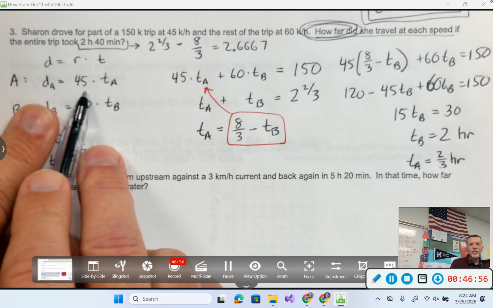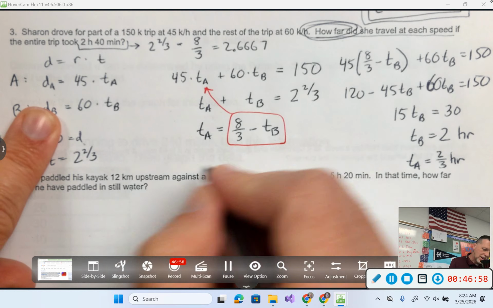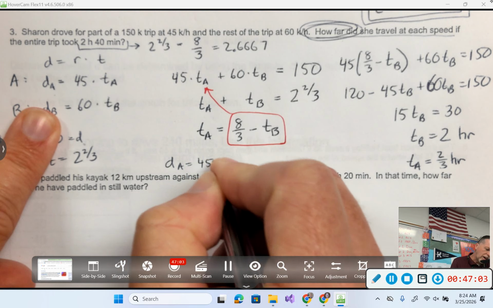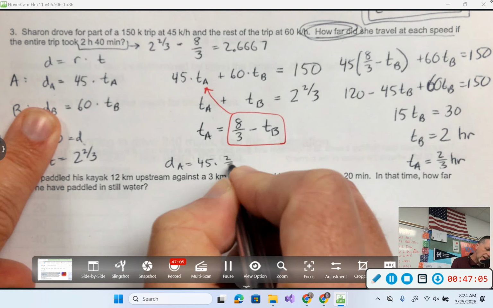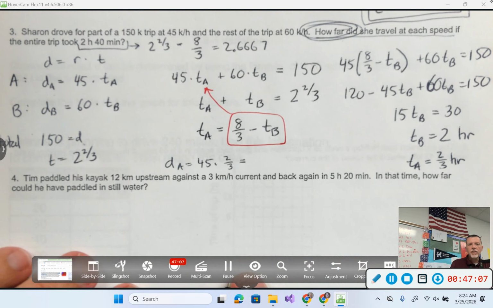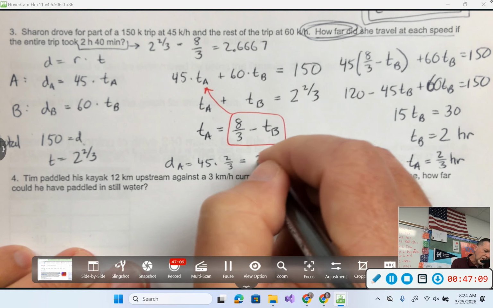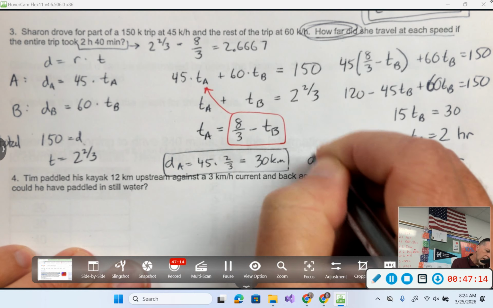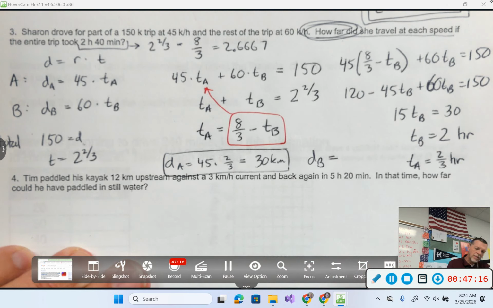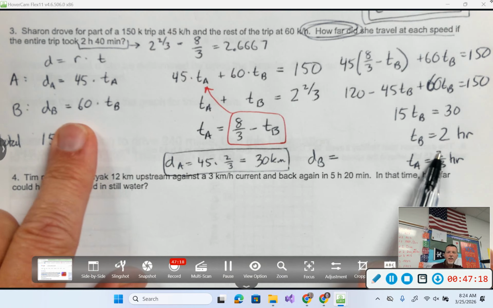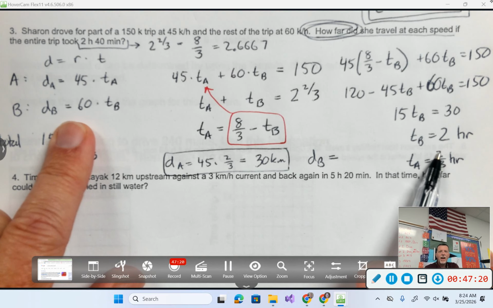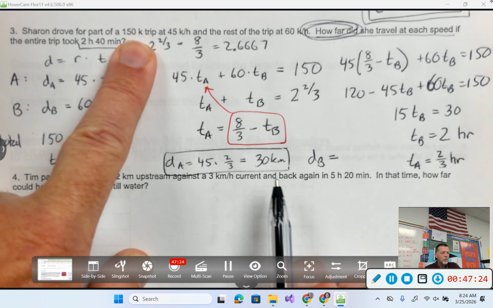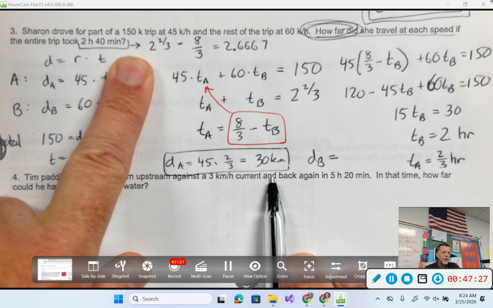Well, we have an equation set up, so this won't be too bad. Distance A is 45 times time A. 2/3 of 45 is 30. And distance B, I can do 2 different ways. I know we went 150 total, so 150 minus 30 is 120.